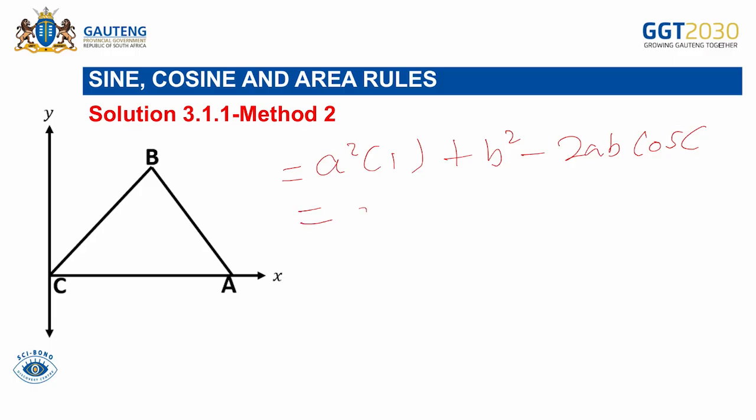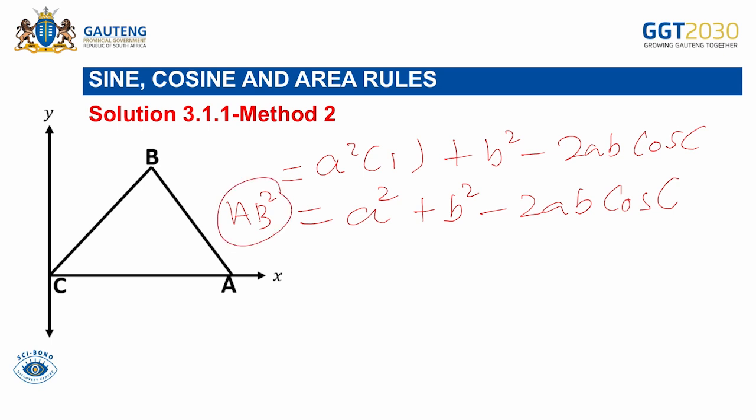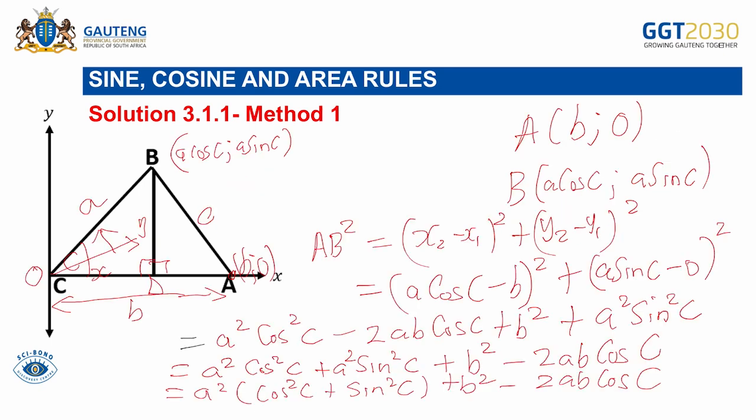Therefore, we are going to have our ab squared from the previous is a squared plus b squared minus 2ab cos of c. But then don't forget your ab is actually small c.